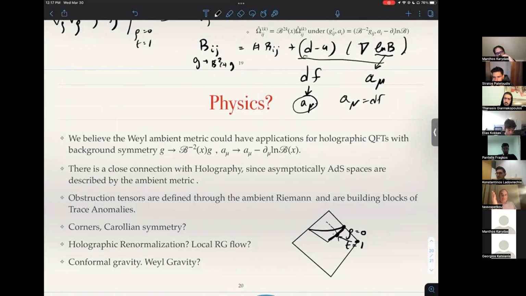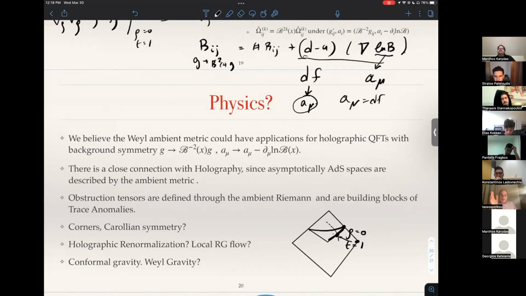Yeah, I have the feeling that if it is non-trivial, this Weyl connection should be related with having a boundary metric which is not conformally flat. I don't know why I'm saying that, but that's my feeling.